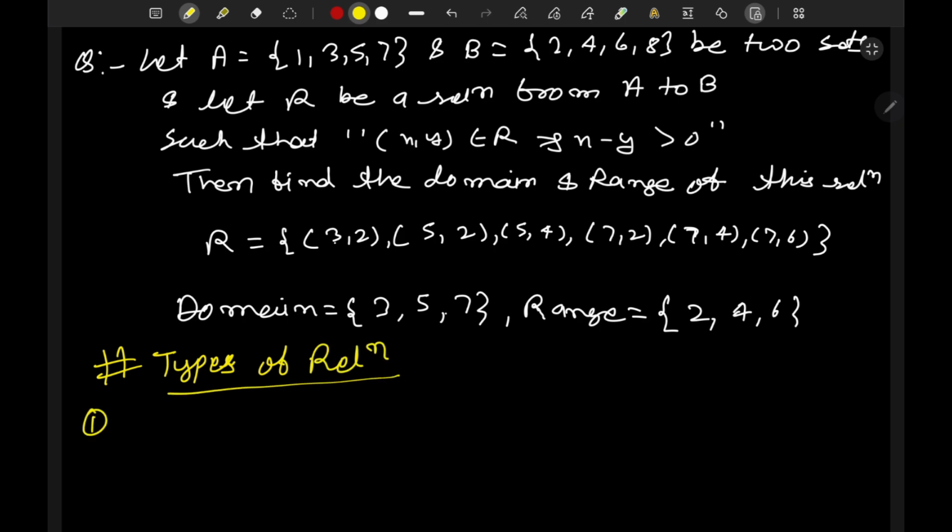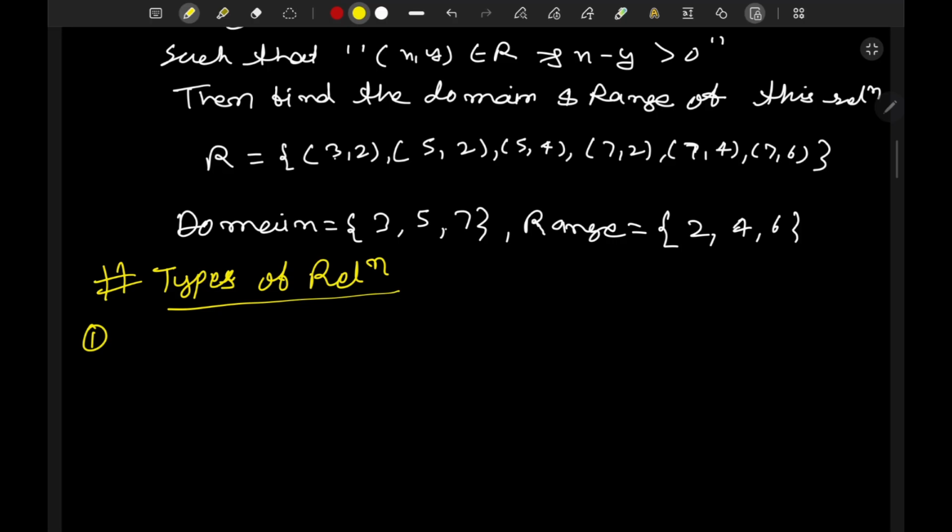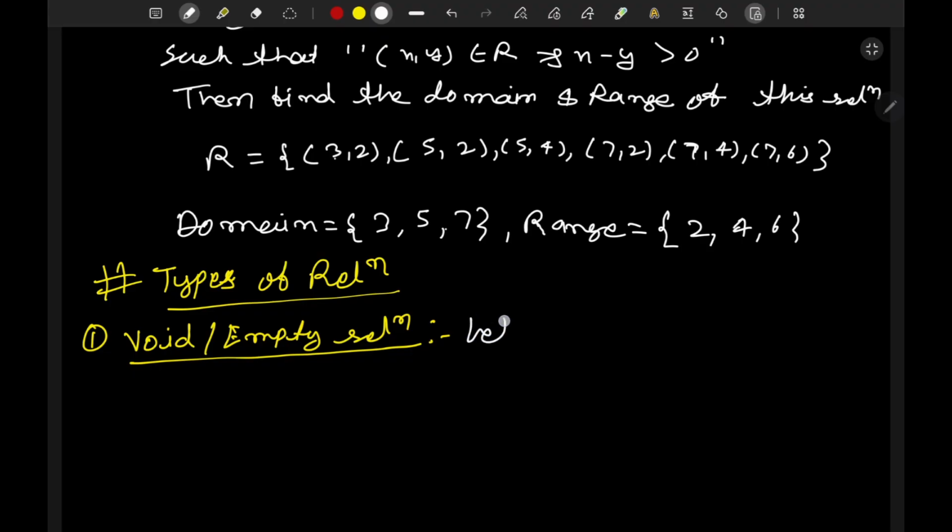First, the wide relation or empty relation. Let A be a set.